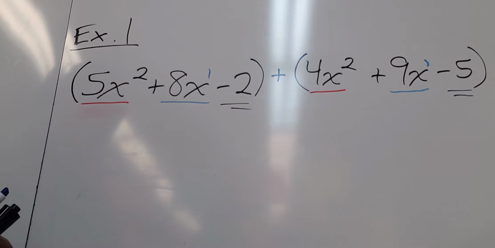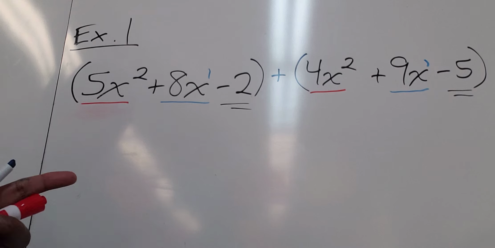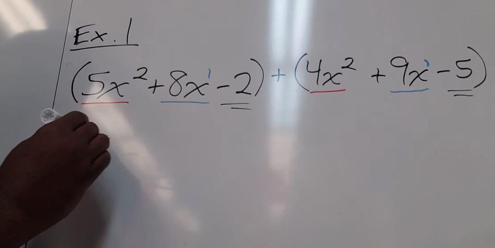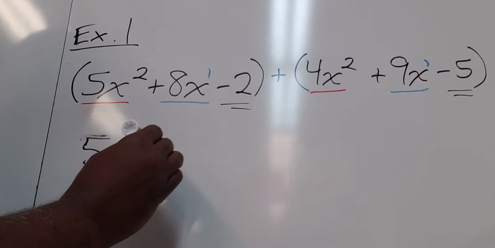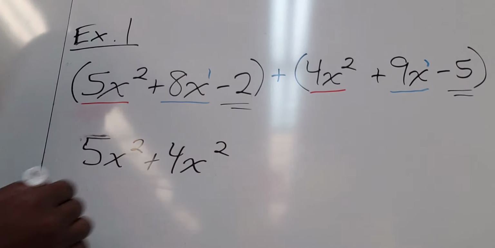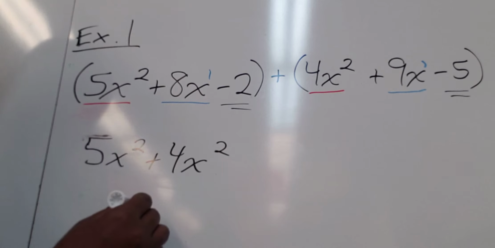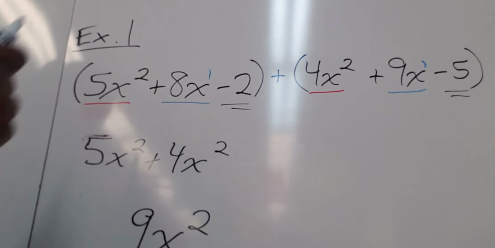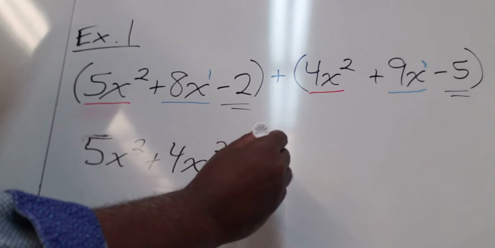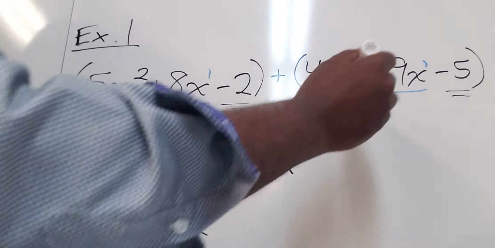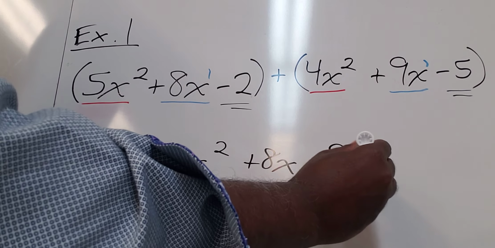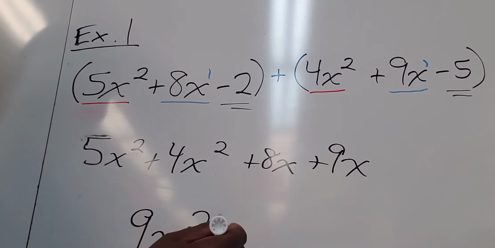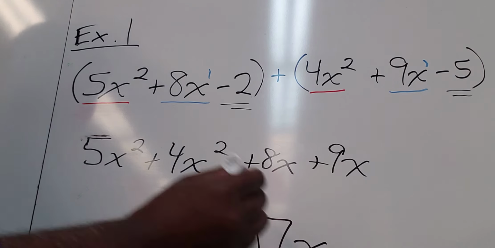If we combine the 5x squared with the 4x squared, since we said those are both like terms, we'll get 9x squared. As we combine our next set of like terms, the plus 8x and the plus 9x, we will get 17x.